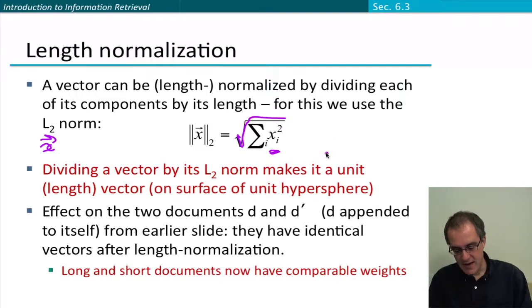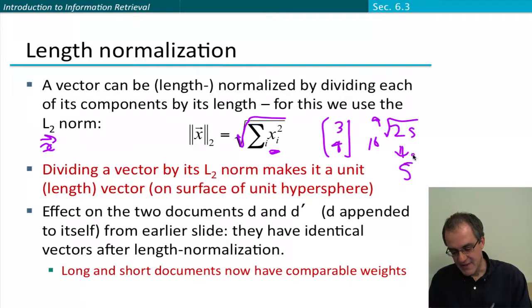So if we have a vector like (3, 4), we take 3 squared, 9, and 4 squared, 16, add those to give 25, take the square root to give 5, and that's the length of the vector, just like in the standard Pythagorean triangle.